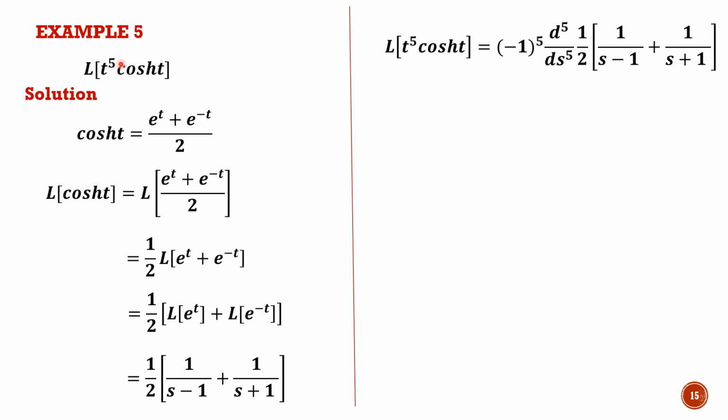Because we have to differentiate this 5 times, so the derivative of u by v will become a little bit hectic. Just to avoid that, I've converted cos hyperbolic to e raised to, and then I'm differentiating this function 5 times. The derivative becomes much simpler compared to when we use the Laplace transform of cos hyperbolic t directly.